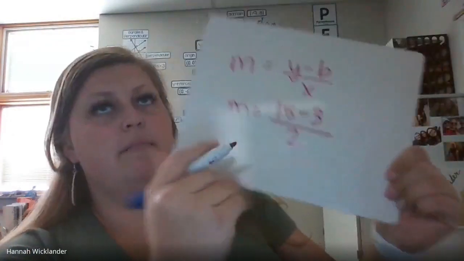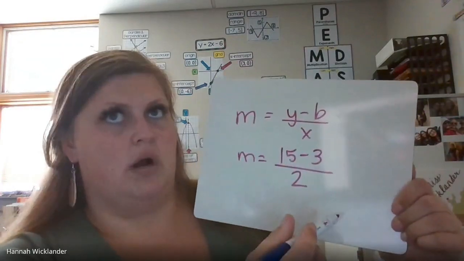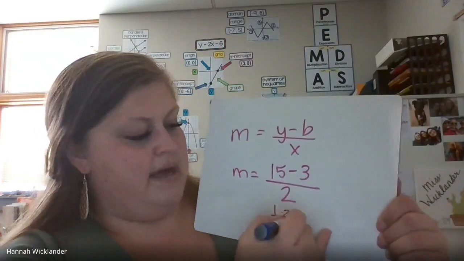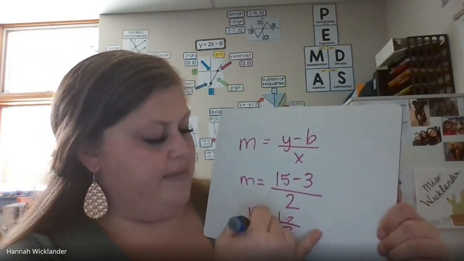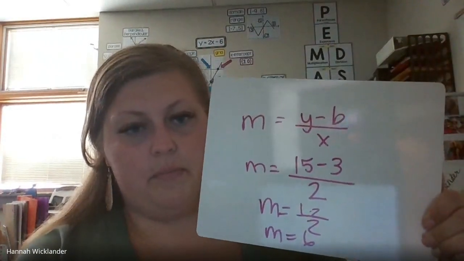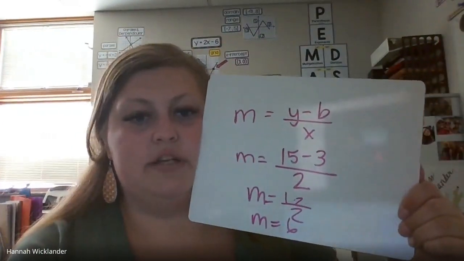Y is 15, b is 3, and x is 2. So I just took those numbers and plugged them into the equation where they were letters before. So 15 minus 3 is 12. And then divided by 2, 12 divided by 2 gives me 6. So then in the part here where it says your answer, I type in the number 6. And that's all you do for that one, and then you go next to the next problem. Okay?